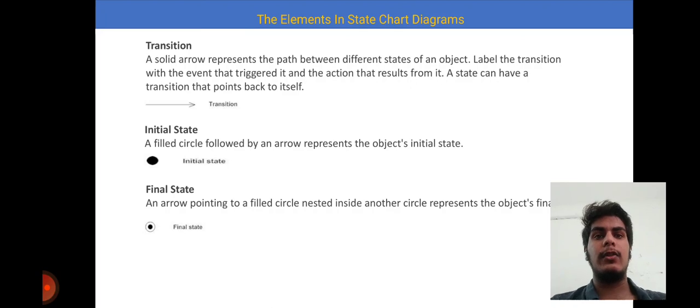Transition. A solid arrow represents the path between different states of an object. Label the transition with the event that triggers it and the action that results from it. A state can have a transition that points back to itself.